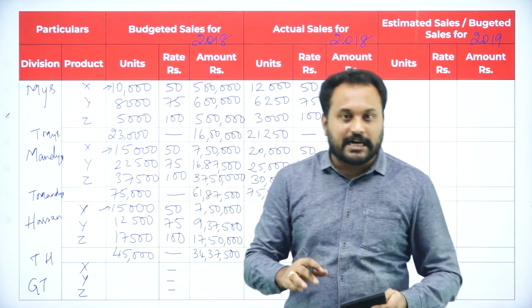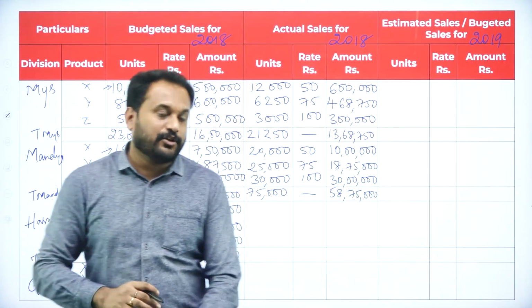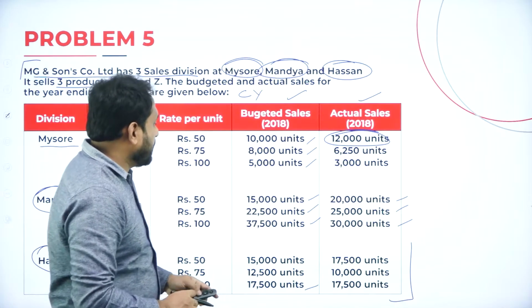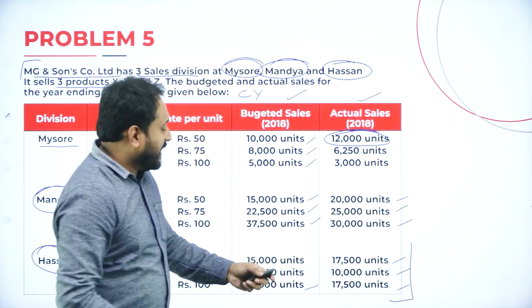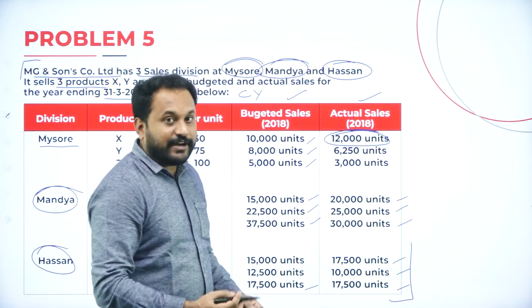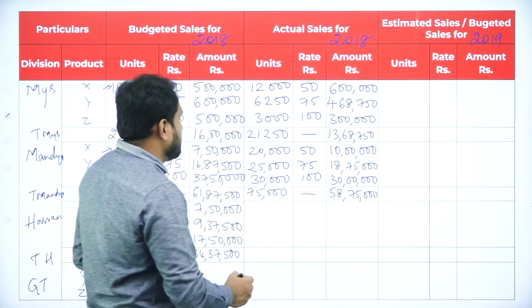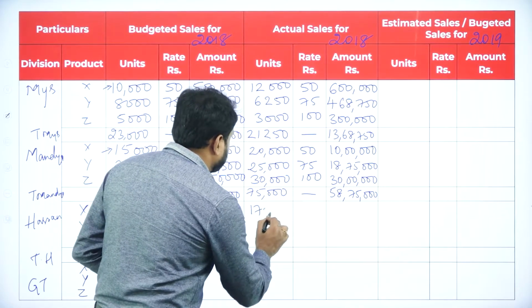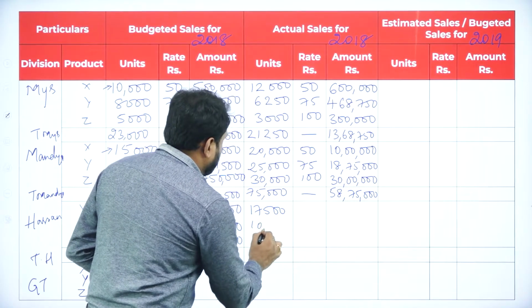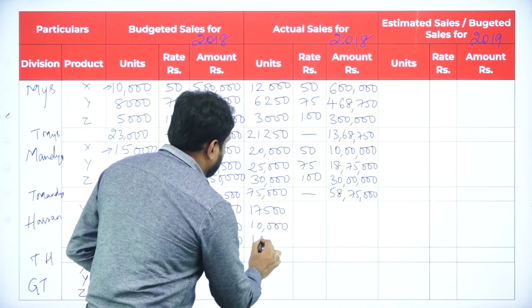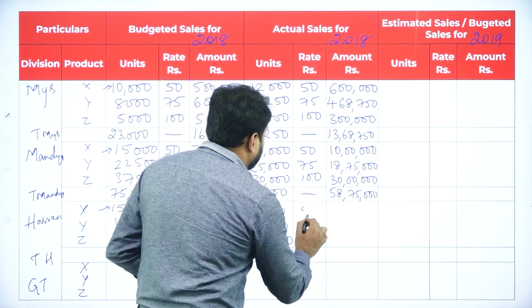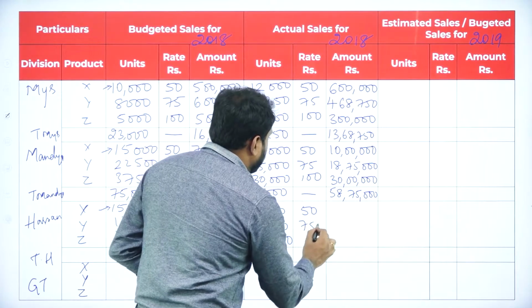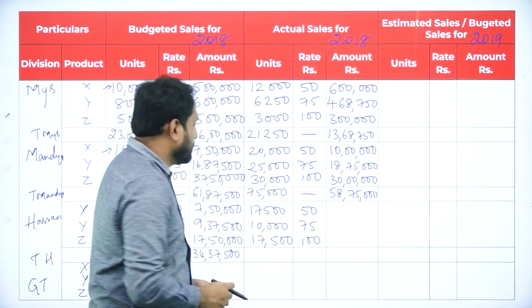The last one is the Hassan. We are supposed to take the Hassan working. Now the Hassan working here is 17,500, 10,000, 17,500. The amount is the same, 50, 75, 100.